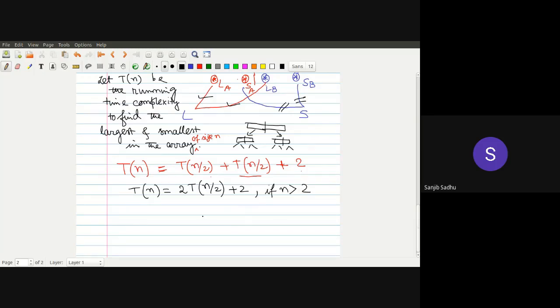But if n is equal to 2, how many comparisons are required? If n is equal to 2, is it clear?